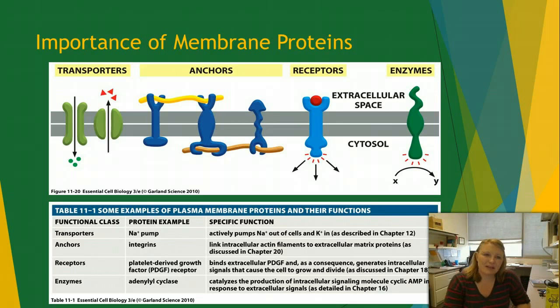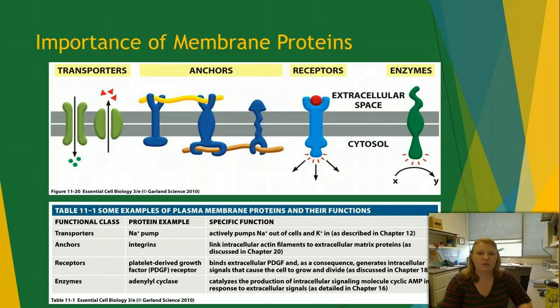We also have anchors. This is what helps tie our cells to each other and helps stabilize the internal structures. They're really important. Receptors are even more important. This is how the cells get signals and understand what's going on in their environment. It's how they start feedback loops. Receptors are really, really important. And then lastly, we have enzymes.